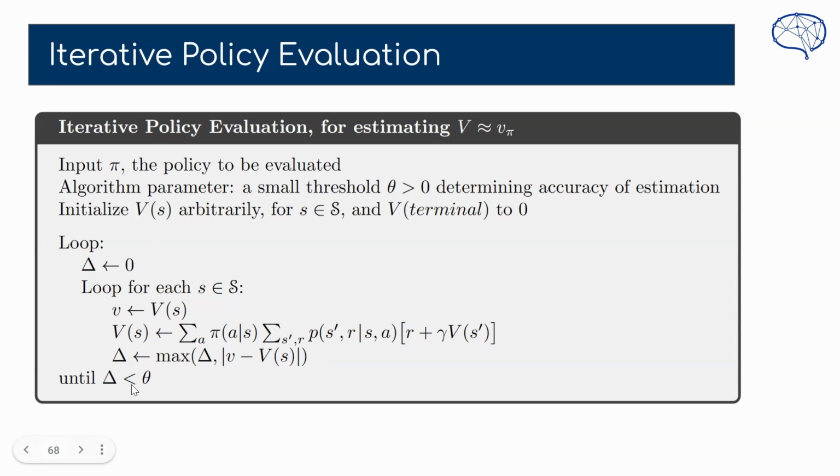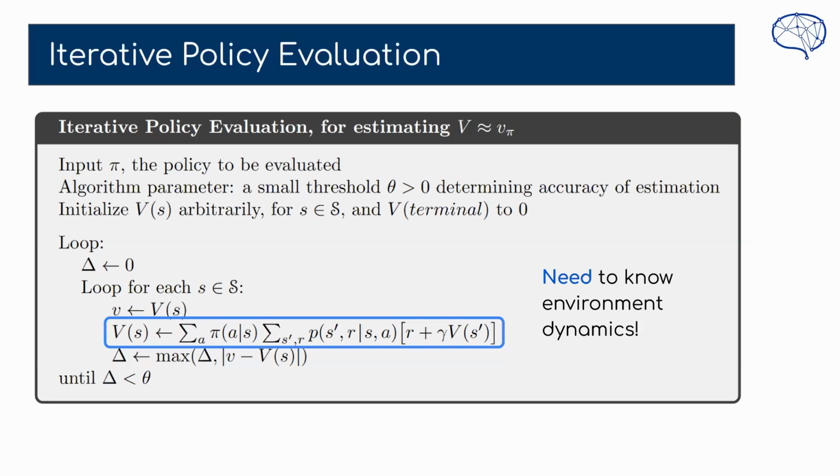You can say that your value has converged and you move on. But essentially what's happening over here is that for all of the states, you calculate the next value using the Bellman equation. And with this, something to note is that you need to know the environment dynamics, because you need to know how your transitions work.